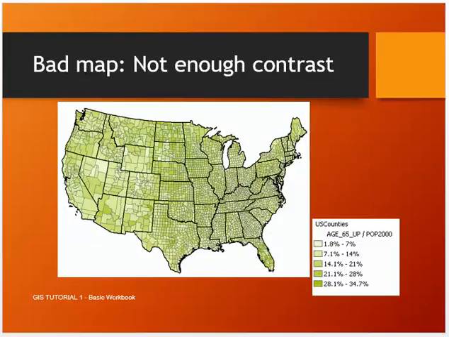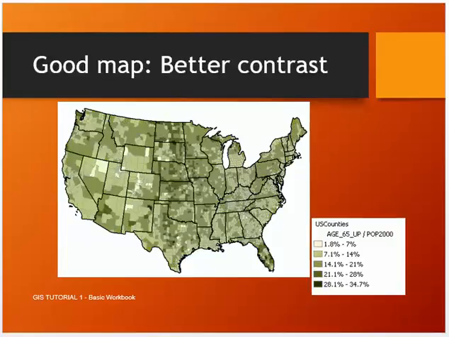So this is an example of a map that is showing the percentage of population over 65. Okay, it's a valid data set, but there's just not enough contrast in it to be able to see differences between these 5 categories. Here's a better example of the same data set, same breakpoints, but more contrast built into the color ramp, and so you can start to see the differences.